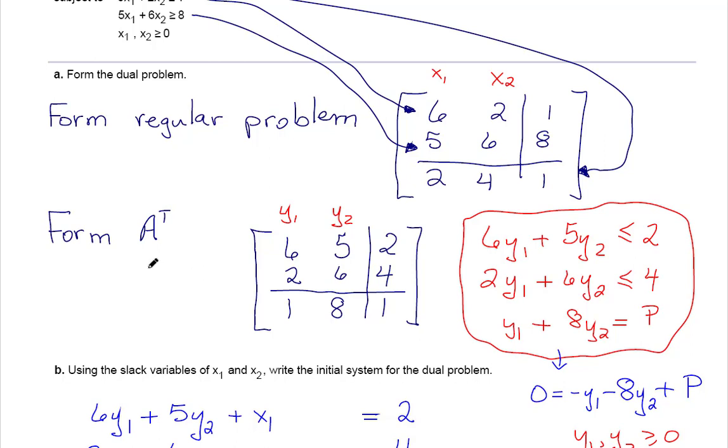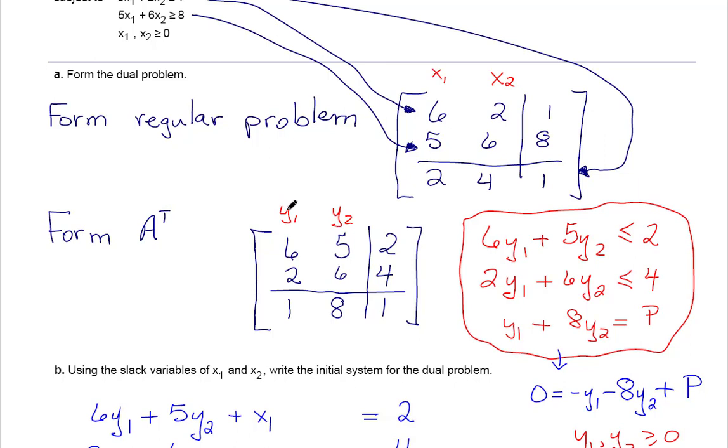And with a transpose, we have new variables now, y1 and y2, instead of x1 and x2. By forming the transpose, it converts our problem from greater than or equal to less than or equal. And we now represent it with the y1, y2.